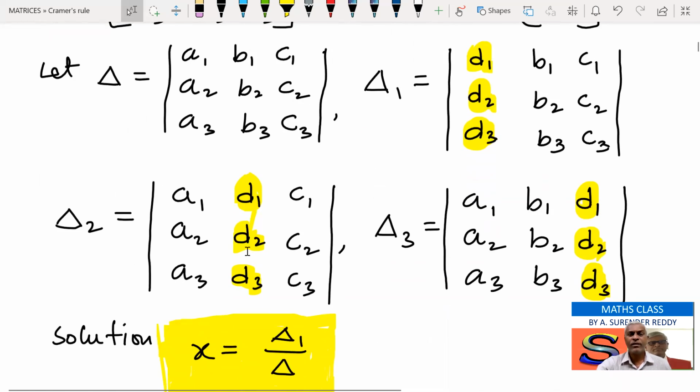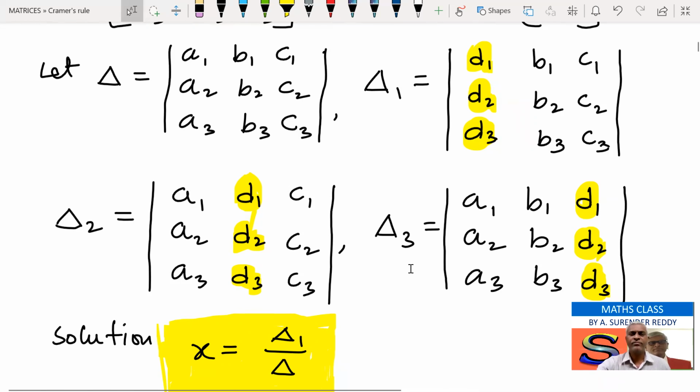And the determinant obtained by replacing the second column in A by D1, D2, D3, that is D constant matrix, is delta 2. And the determinant obtained by replacing the third column in A coefficient matrix by the constant matrix D1, D2, D3 is delta 3.